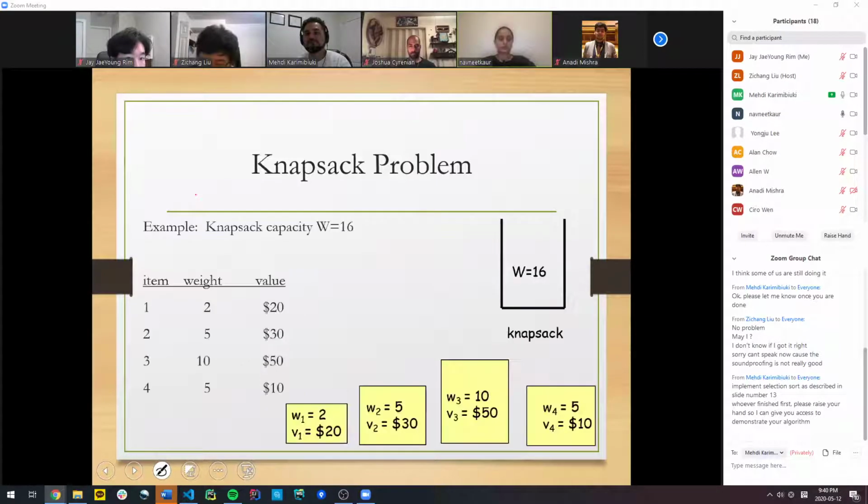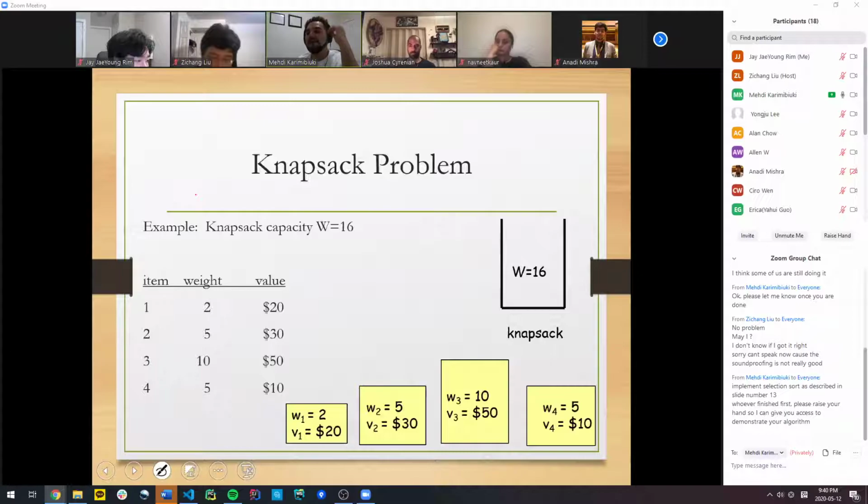2 raised to the power 4. Exactly. So either your item can be in your subset or it cannot. So there are only 2 options for every item to be in a subset. So that's 2, and then you have 4 of those. So that's 2 to the power of 4. That means we have 16 subsets.